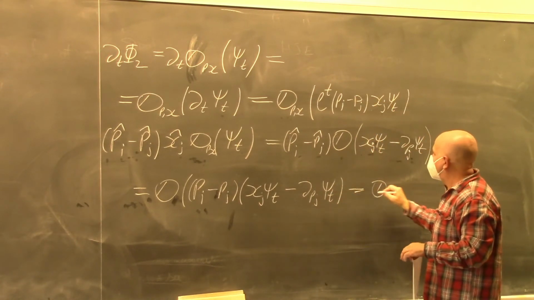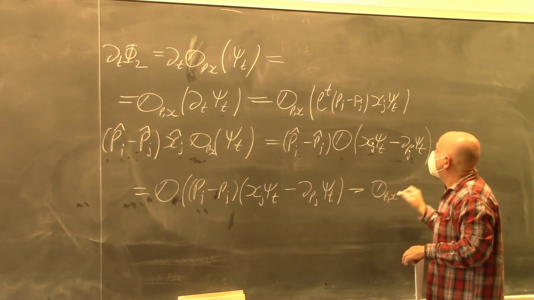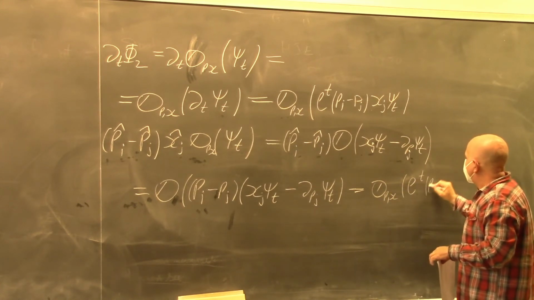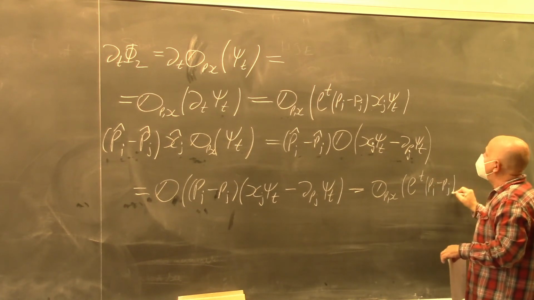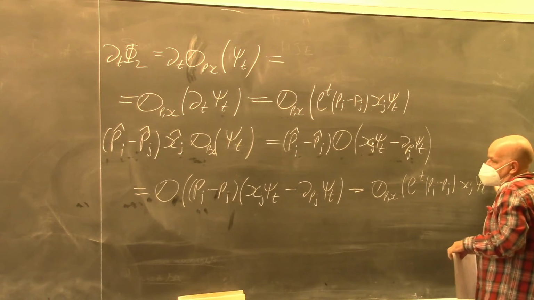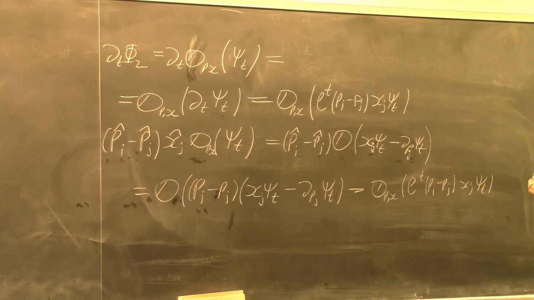So this is O of px of e to the t pi minus pj xj psi t by an explicit computation. So I don't know, sorry, if this is uninspiring, but okay.